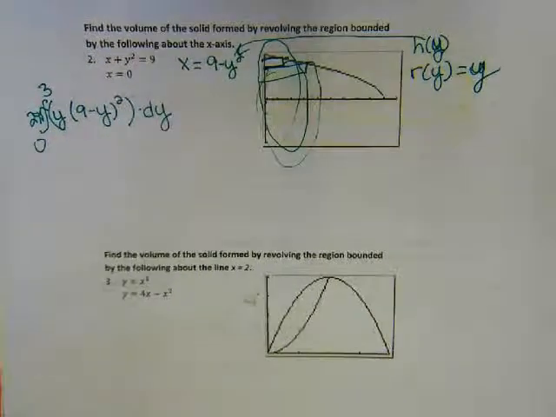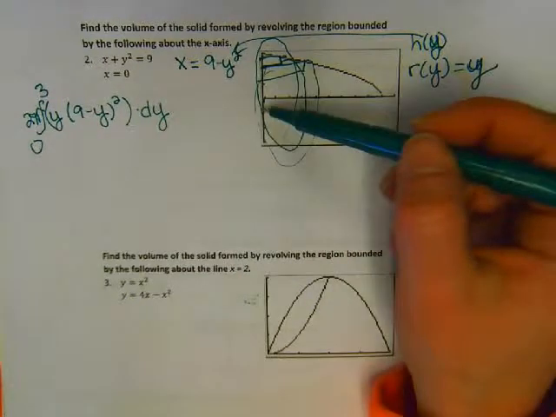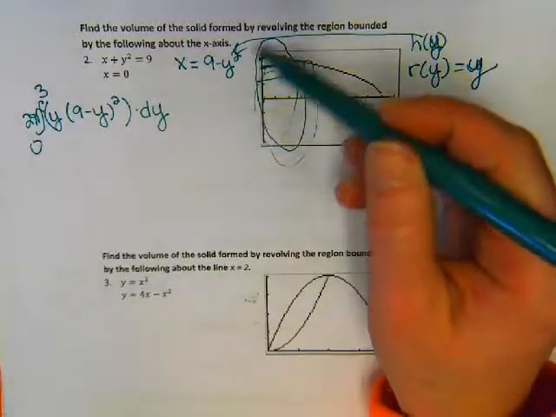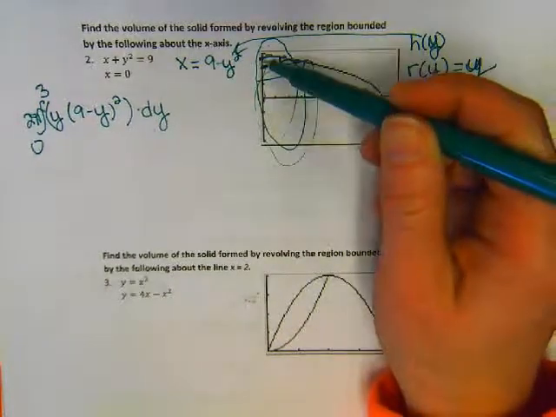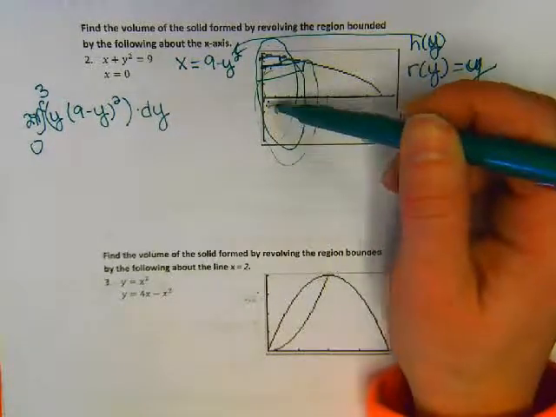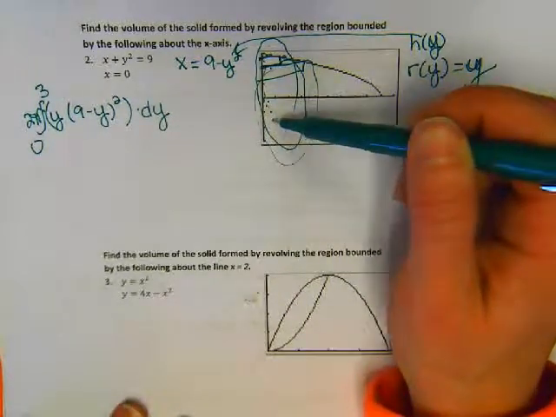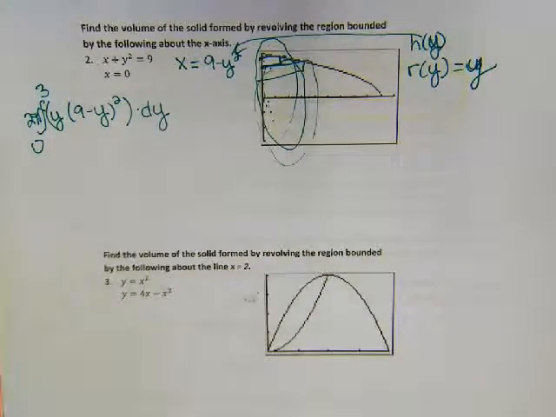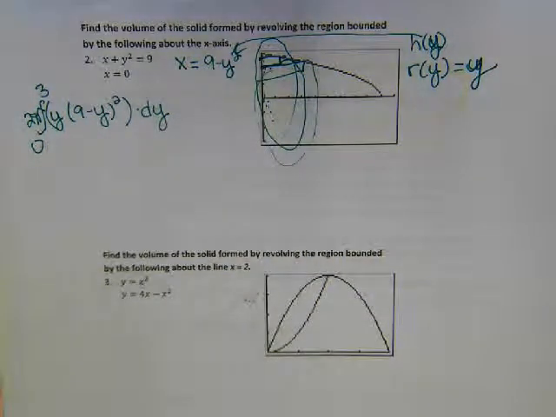How do you get r of y, which is y? So this is a cylinder. Do you see this cylinder? The radius of this cylinder is how far it is from the center of rotation. So if the center of rotation is the x-axis, it's just going to be y. Do you remember on the other one it was just x? Because that's how far it was from the y-axis. Okay, all right, here we go. Let's do some work.